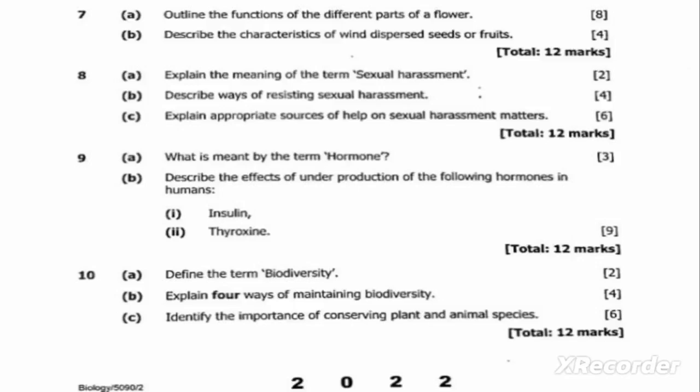Preventing deforestation. Deforestation is the careless cutting down of trees. So preventing deforestation may also help to maintain biodiversity. Putting a ban on fishing and hunting may help to preserve some species, thereby maintaining biodiversity.